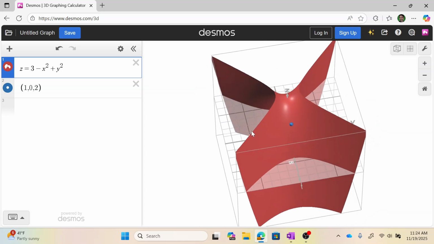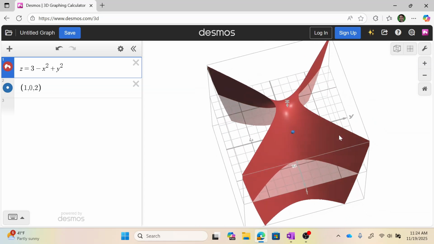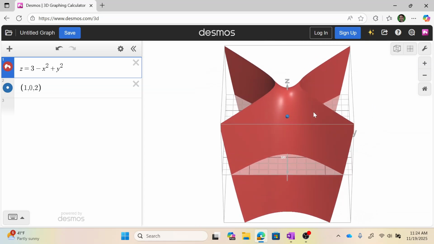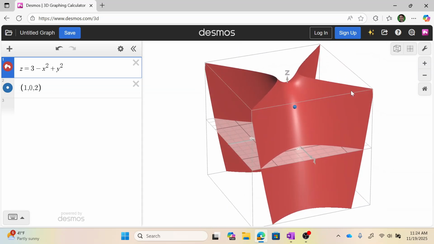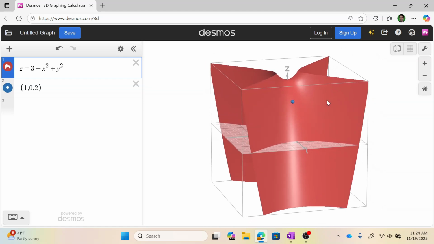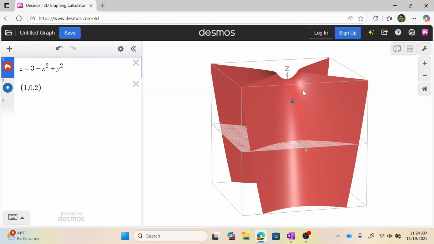Now the positive y direction is over here in the back. And so if I wanted to study the partial derivative in the y direction, if I wanted to study f sub y, I would just have to think about if I moved from this point in the direction of positive y, what happens to my z values?